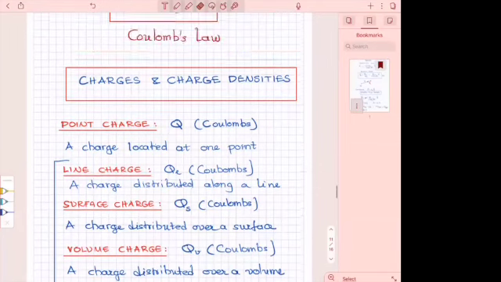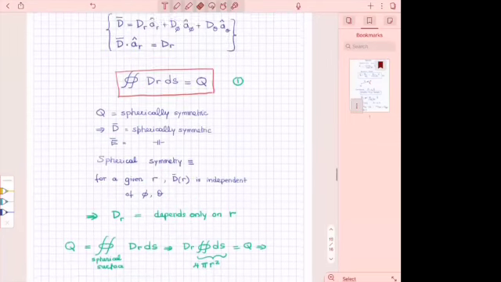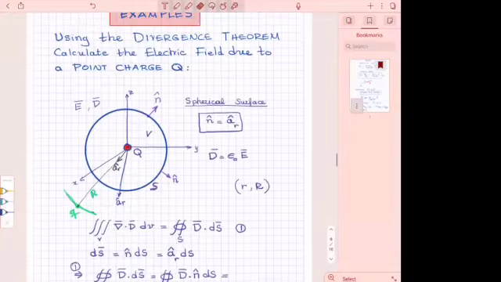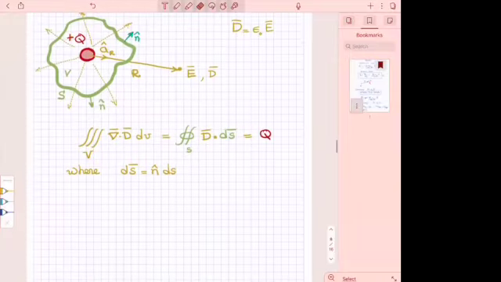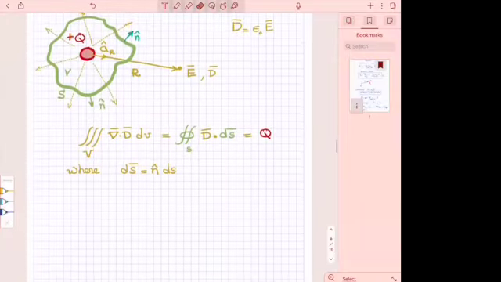And in this particular case, let me see what I did. Here is another thing. It is true that the volume integral of the divergence of D equals Q. But when Q is a point charge, it is only at one point, and it concentrates there, it's an ideal charge, all right?